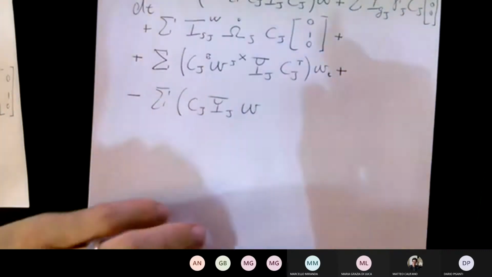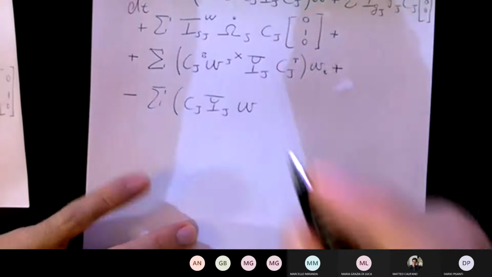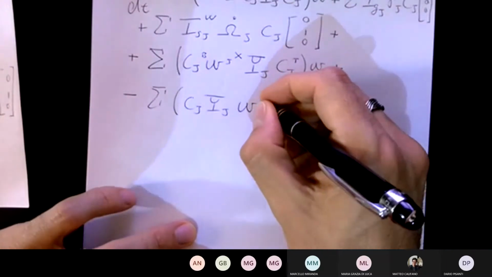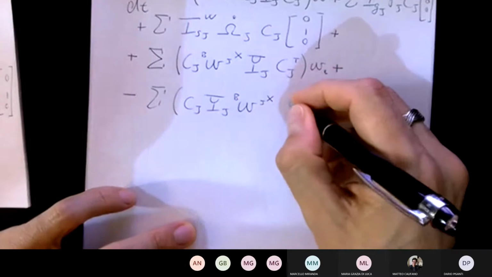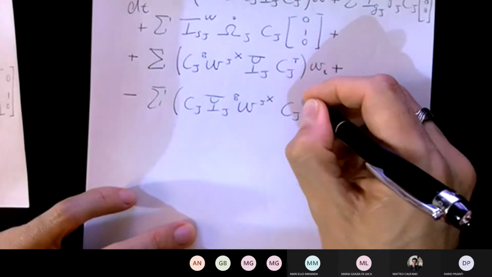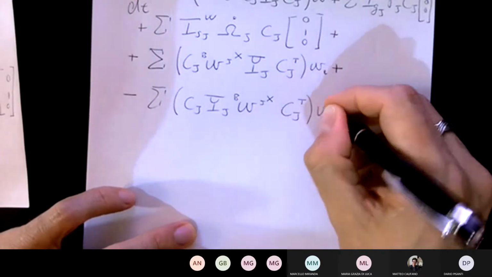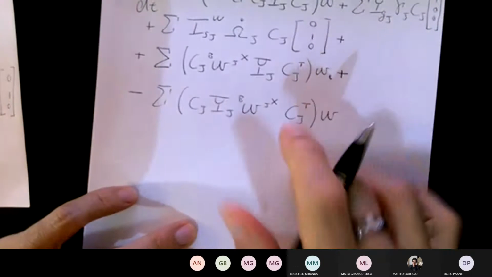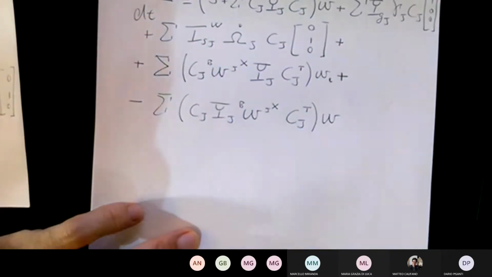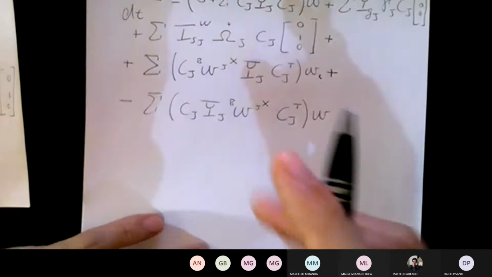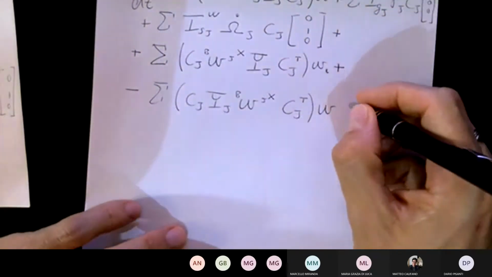Okay. JB, again, J with respect to B, X, Cj transpose times omega. So these two terms take care of taking the derivative of this total moment of inertia of the spacecraft plus the assemblies, plus the momentum exchange devices.